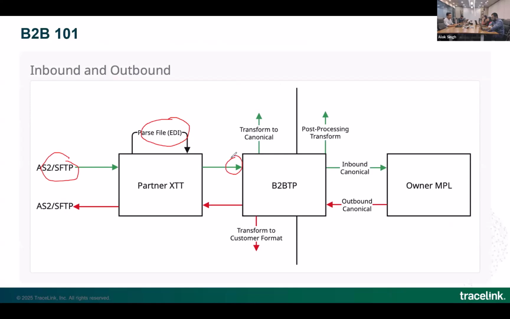We send the EDI file to get transformed into the canonical, then the post-processing transform is applied, then that file is sent to the owner's Mint. Then the owner's Mint processes that file and generates an outbound canonical, then there is B2B, then a transformation from canonical to customer format, and then the file is sent to XTP, and then sent outbound. So this is one diagram explaining the whole transaction exchange. Inbound and outbound is managed in this way.